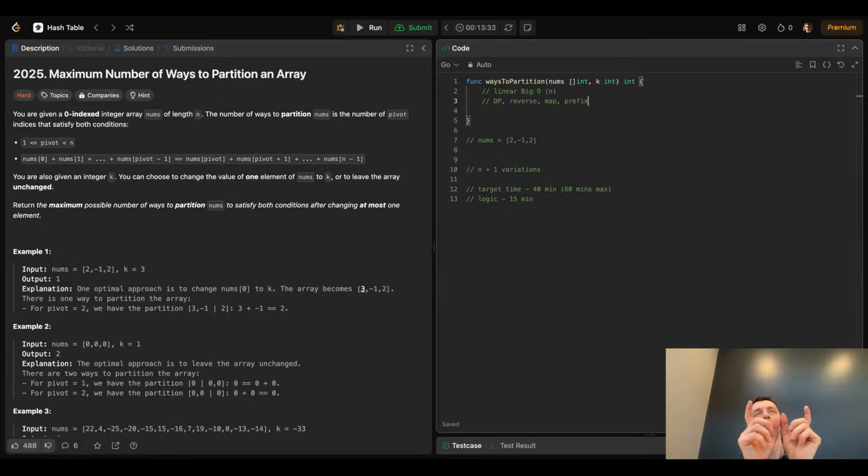Prefix sum allows you to know the total sum of any range in constant time. So if we apply this replacement of k.